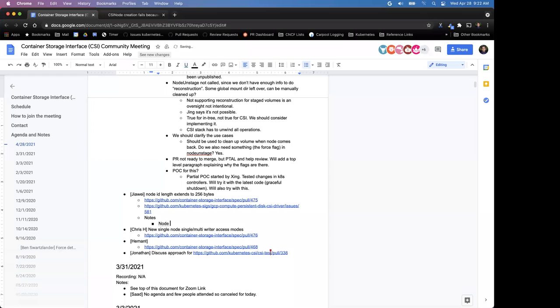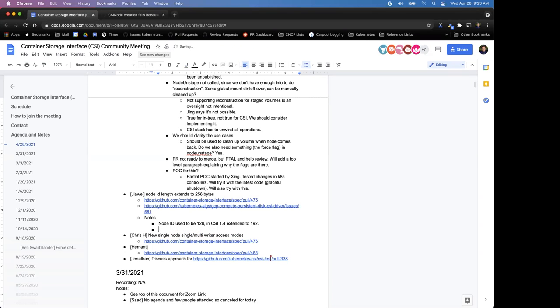Then in a previous version of the container storage interface release, we extended the length limitation to 192. So I'm proposing to extend this again to 256 bytes, because it seems like 192 is still not enough for some of the node IDs.